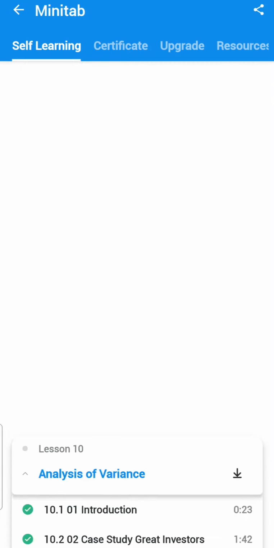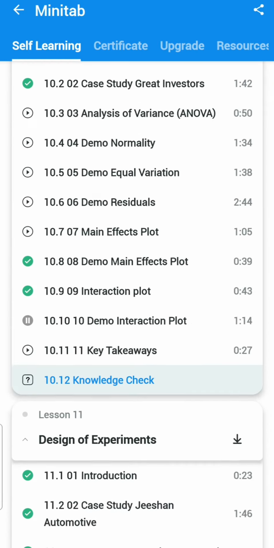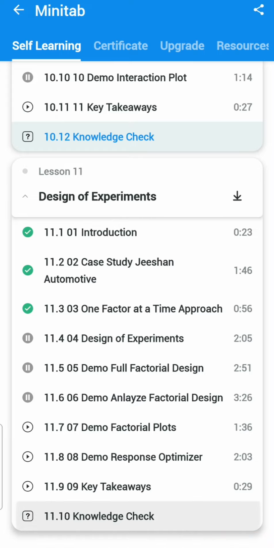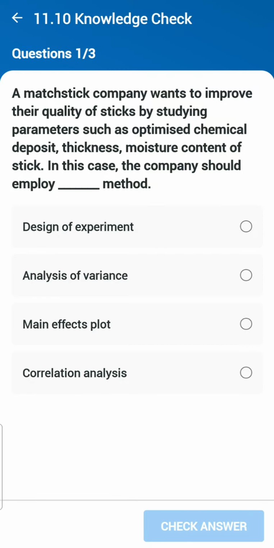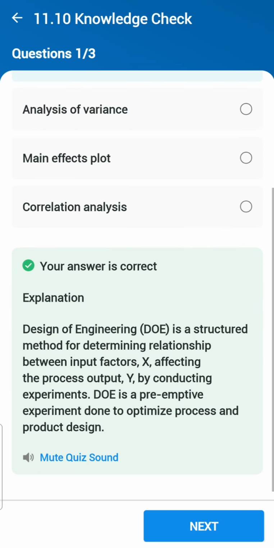This is the last chapter we're going to do, that is on design of experiment. A matchstick company wants to improve the quality of its sticks by studying parameters such as optimized chemical deposit, thickness, and moisture content of the stick. In this case, the company should employ the design of experiment method, which will give you all these options.